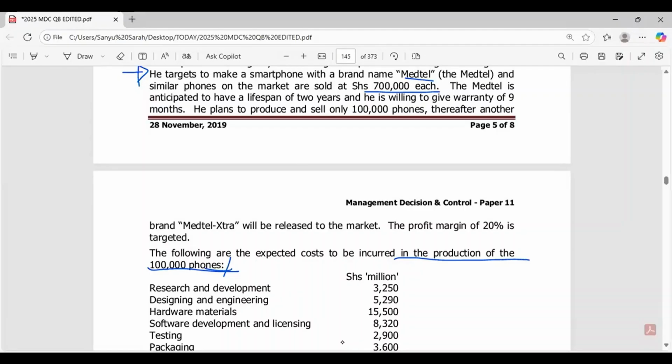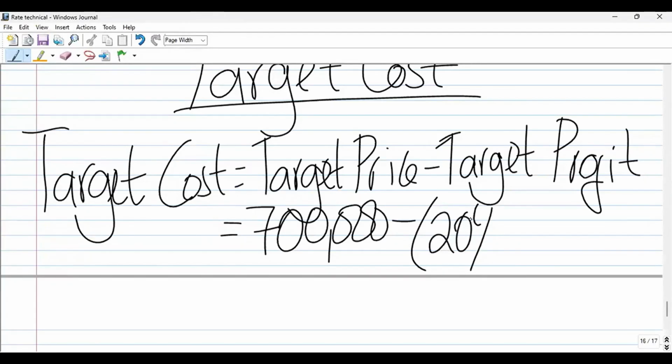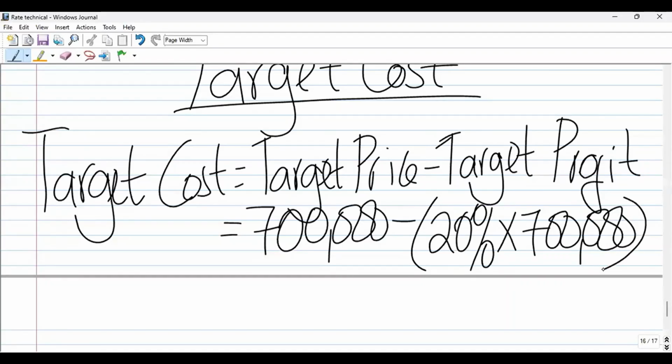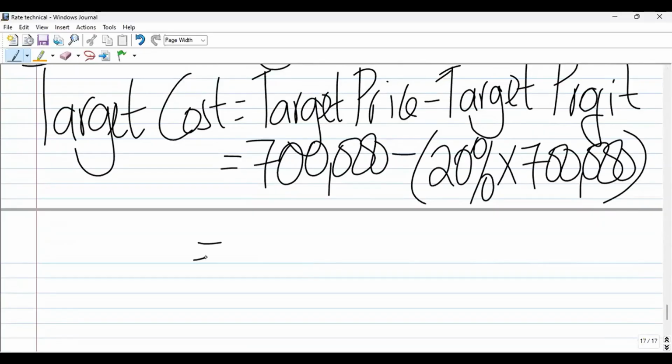It means that our target profit is 20% times 700,000, which is 140,000. If they had given us a markup, it would be 20% of X, because we don't know the cost, so we would have gone ahead and solved for X. But now they've given us a margin. So 700,000 minus 140,000 gives 560,000.